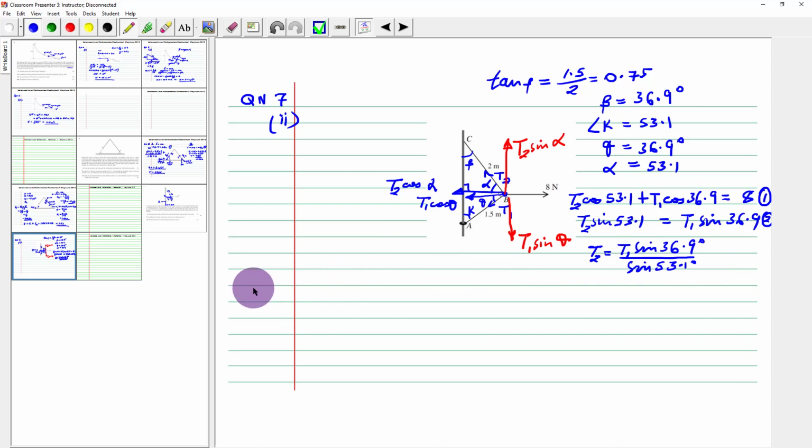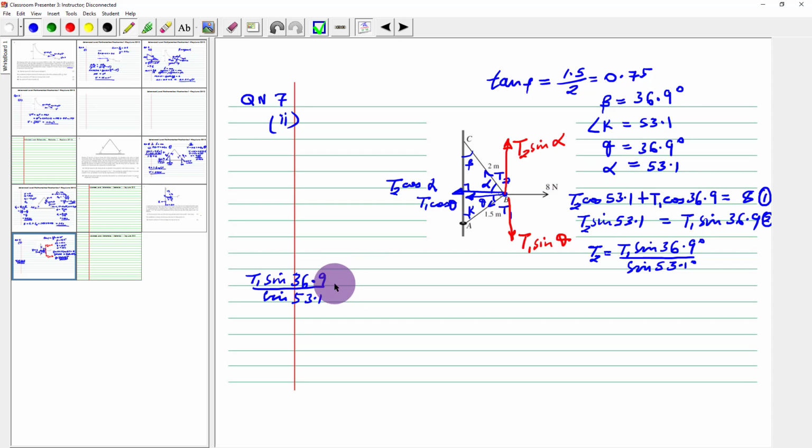I'm going to say T1 sine 36.9 over sine 53.1. That represents T2, okay?